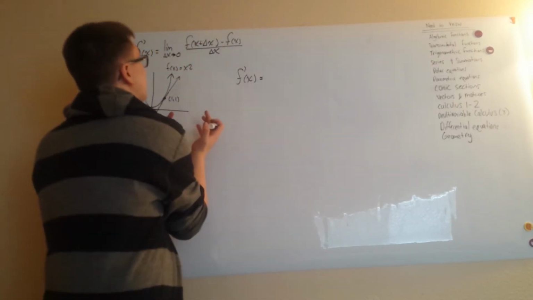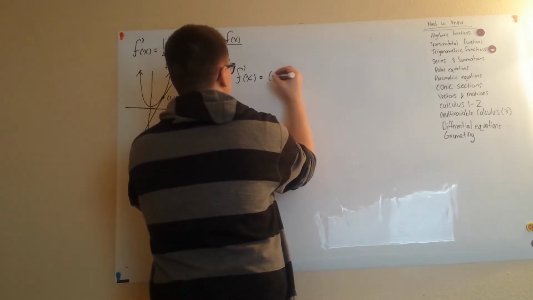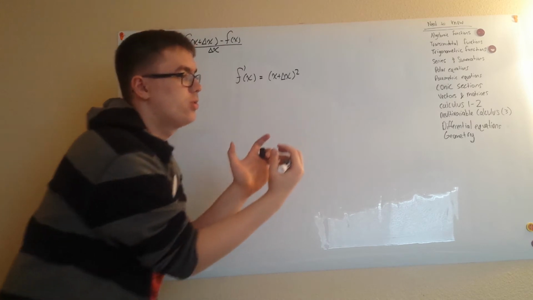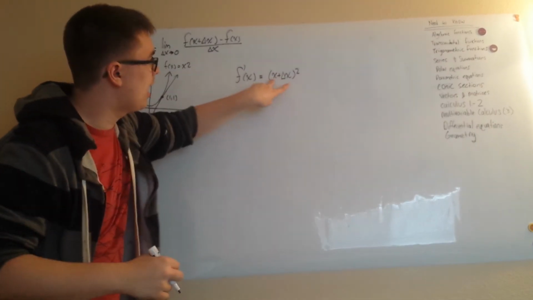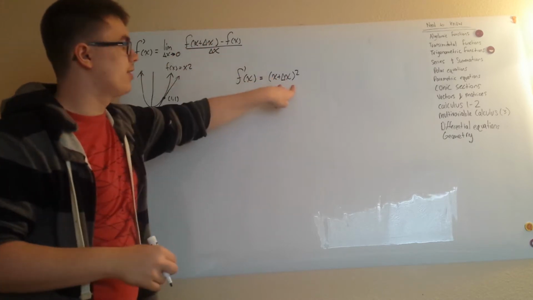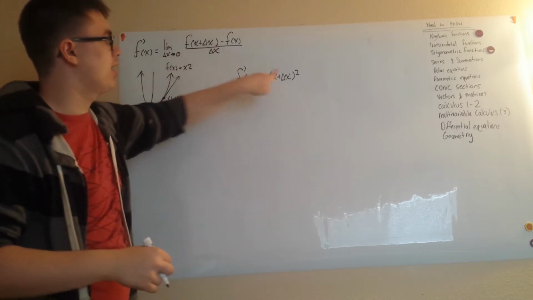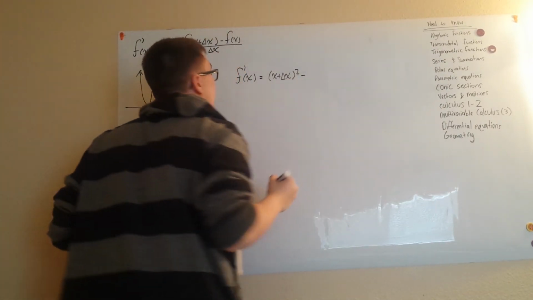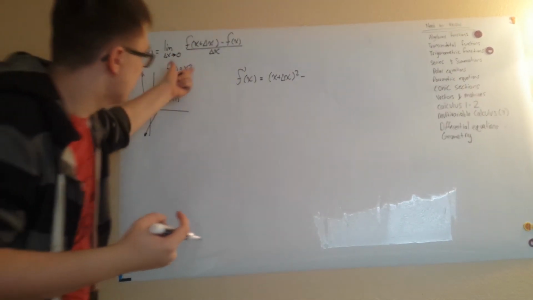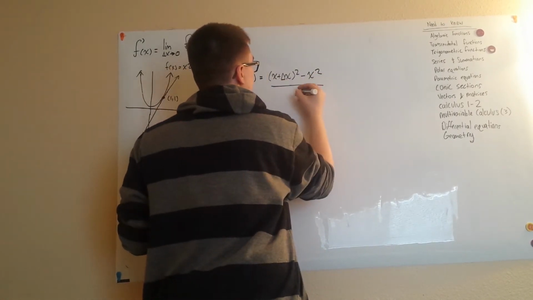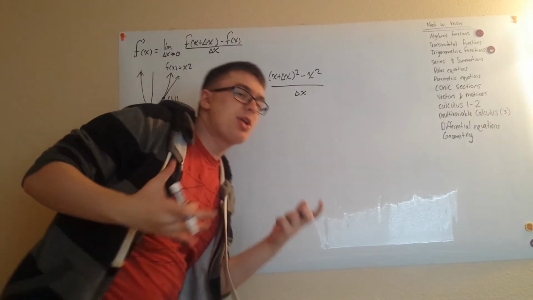It's going to be inside of our x, so it's x plus delta x, squared. Subtract f of x, that's x squared, over delta x.